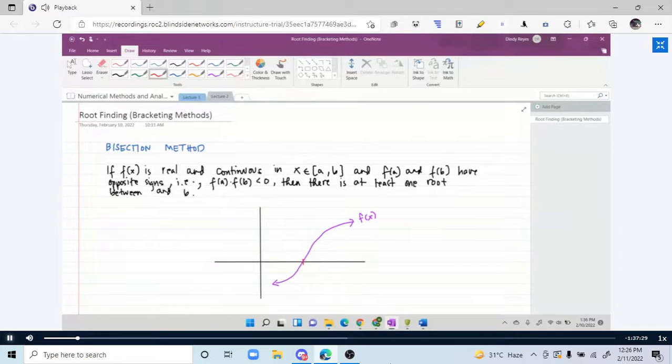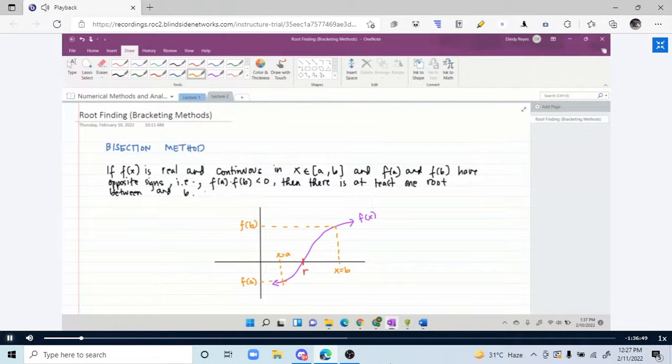This is the zero of the function, or the root of the equation. Now, at x equals a, obviously the value of the function is negative. So this is f of a. It's negative because it's below the x-axis. Now, let's say this is x equals b. The value of the function for that particular value of x is positive, because f of b is above the x-axis.